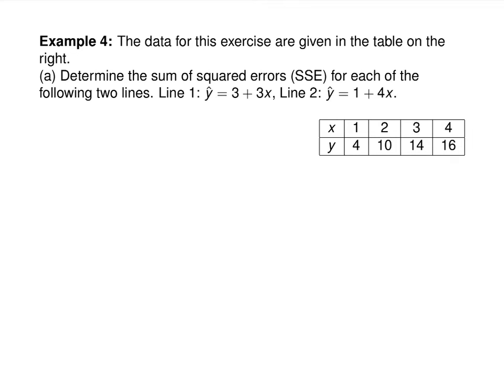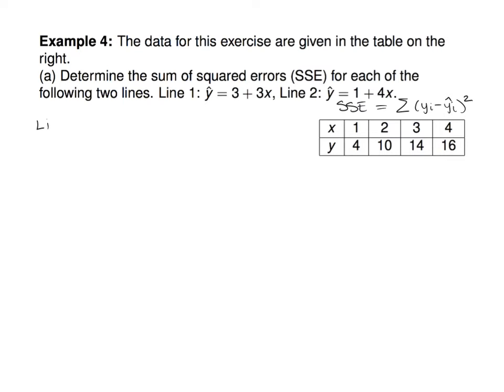So we need to find the sum of squared errors for each line. And remember that SSE is the sum of the y's minus the y hats squared. So first we need to find all these residuals for both lines.